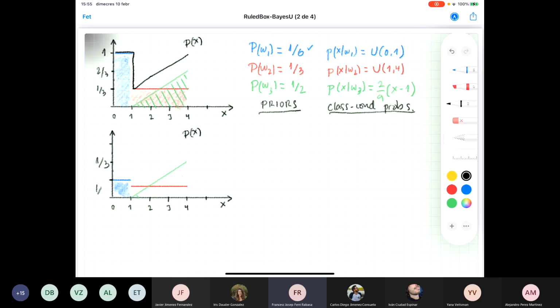This is 1/9, because it was 1/3 divided by 3. Okay? And what about the green line? The green line has to be divided by 2.